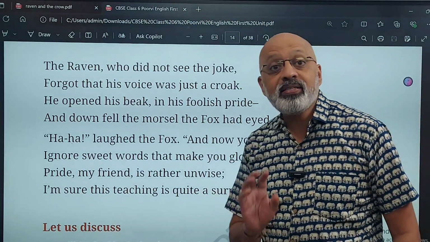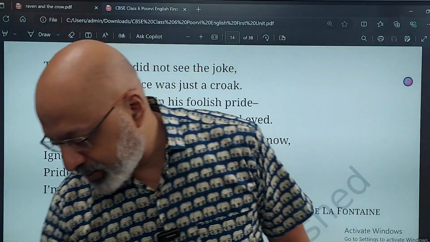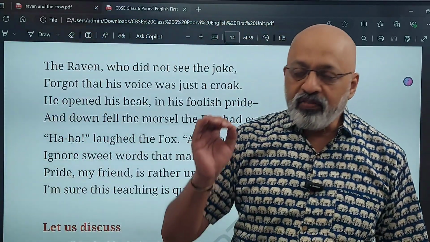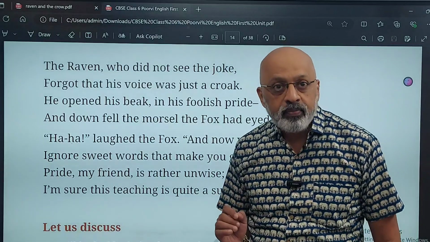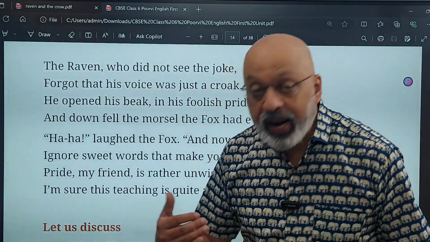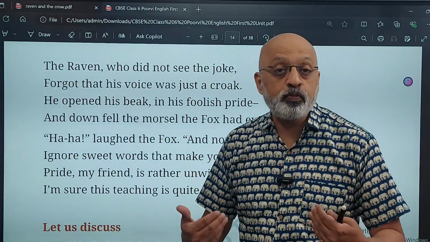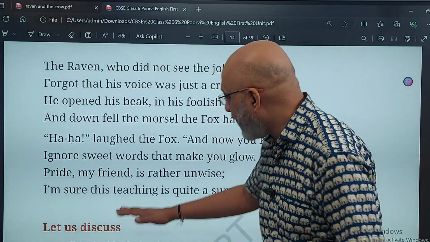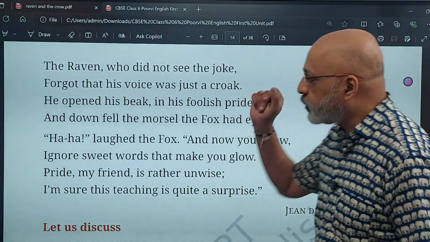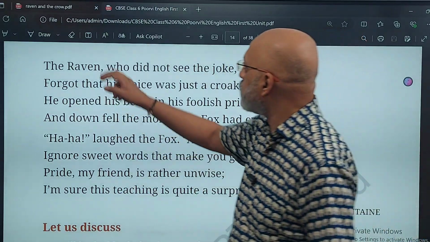So that is why this is a bit of a surprise, that even intelligent animals can be tricked if the pride gets to them, if they feel very happy with the false praise and the flattery. Okay, so that is why this is a surprise. Let's quickly go through the themes of the story.